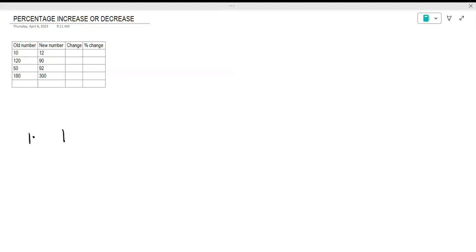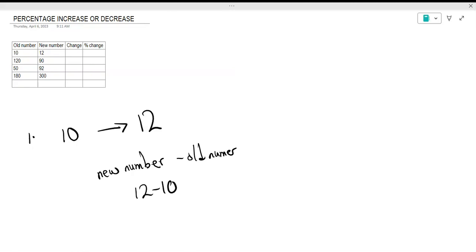So the old number is 10, and the new number is 12. So what's the change? How do we calculate the change? It's going to be the new number or new value, minus the old value or old number. That's going to be 12 minus 10, which is 2.